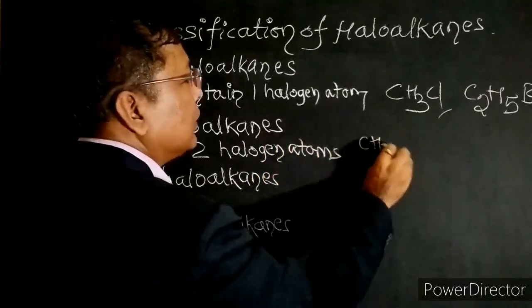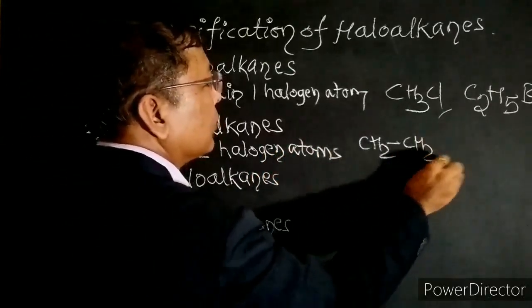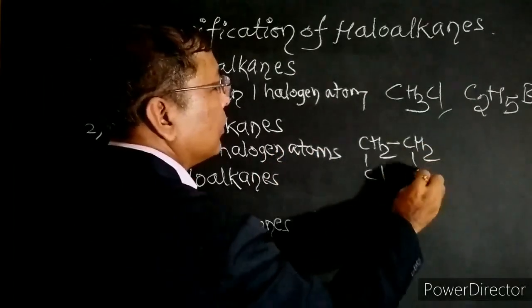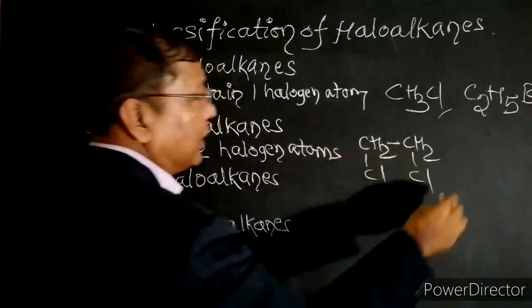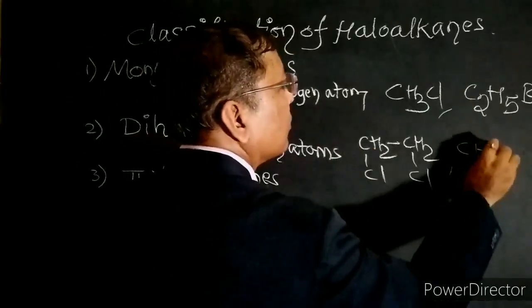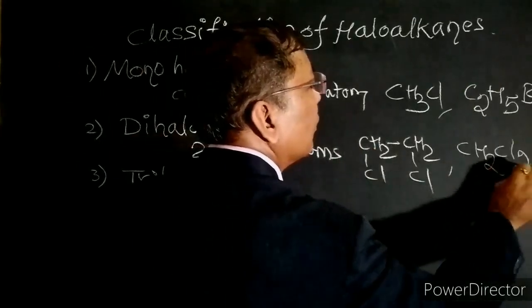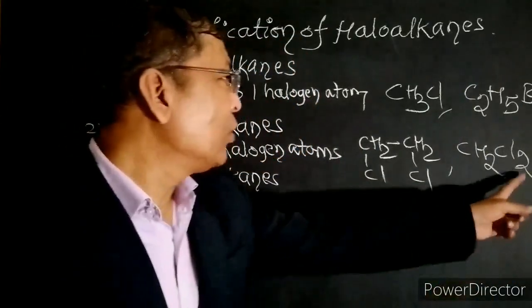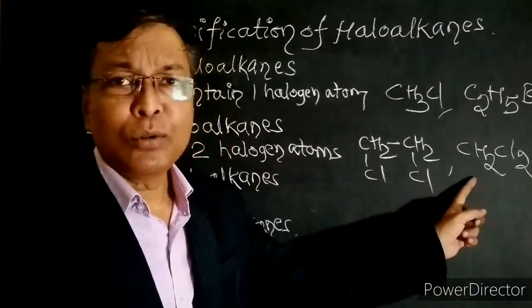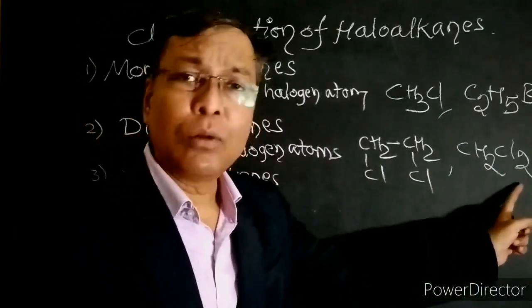Example, 1,2-dichloroethane or dichloromethane. This is also known as methylene dichloride.